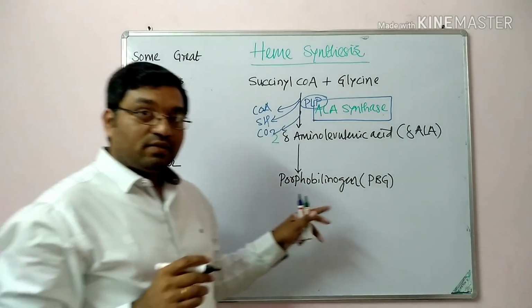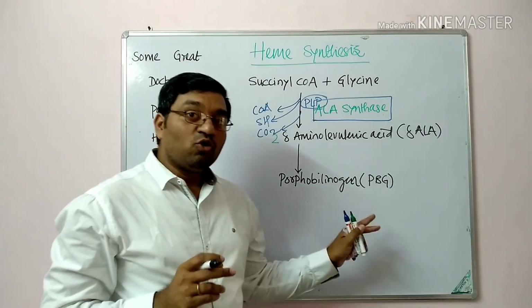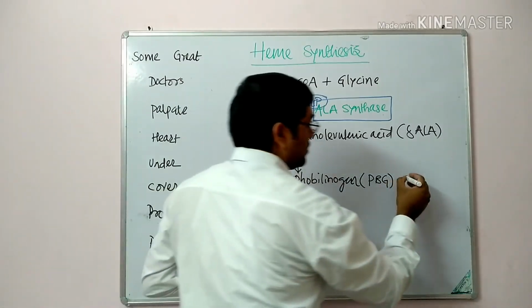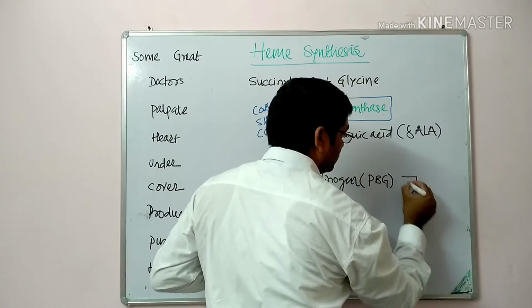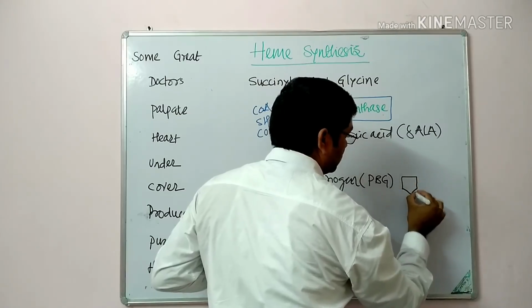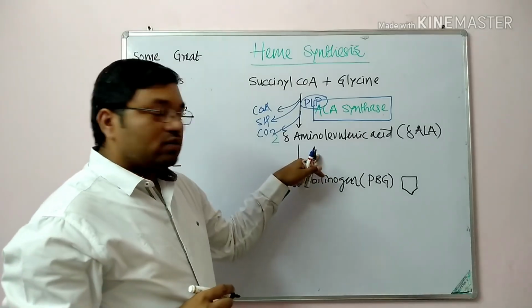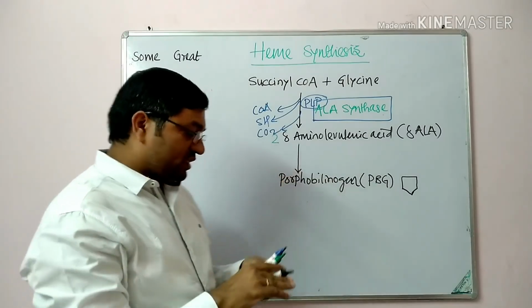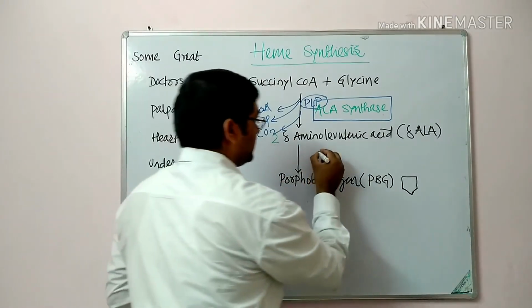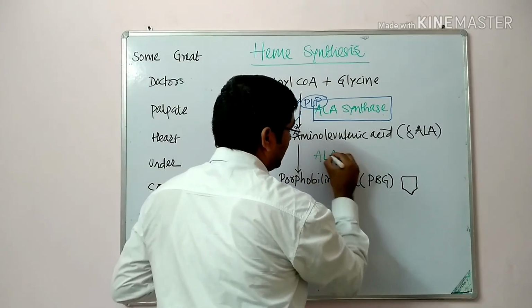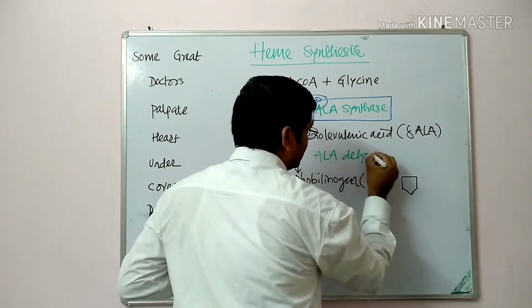Now this is a monopyrrole. There is formation of a pyrrole ring, and the enzyme required in this step is ALA dehydratase.